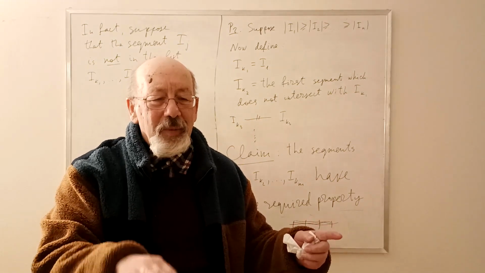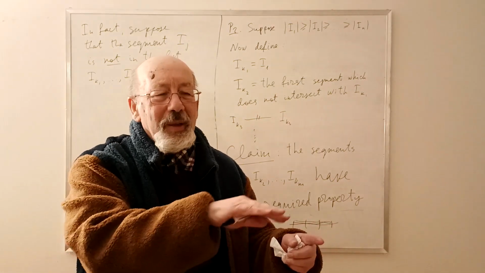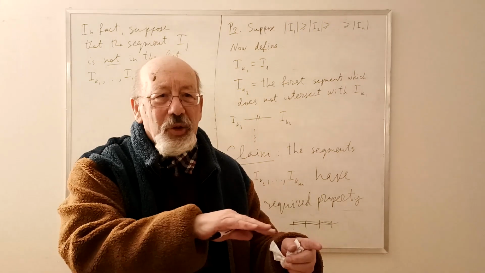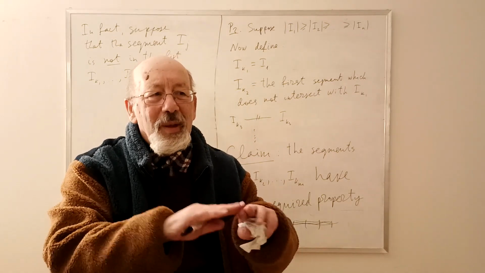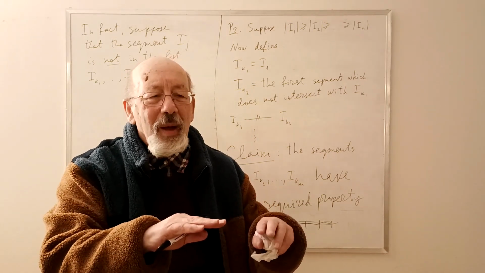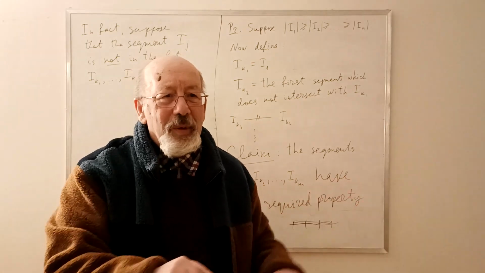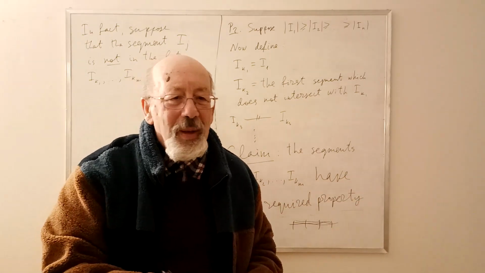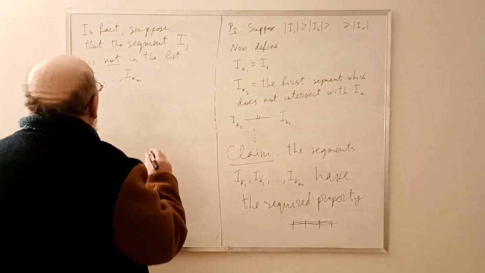But if we did not choose it, it has a non-zero intersection, at least at the endpoints, with one of the previously chosen segments.